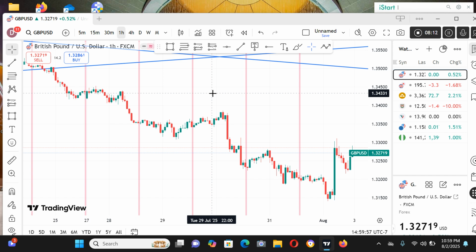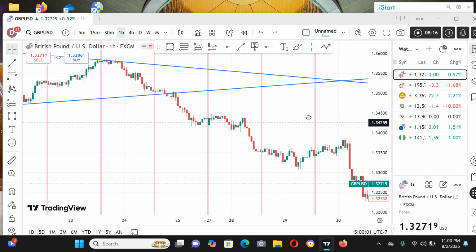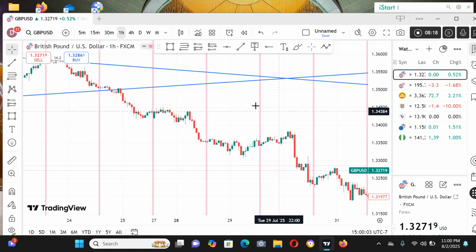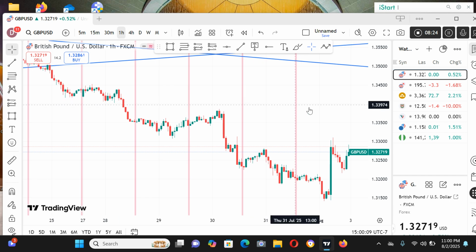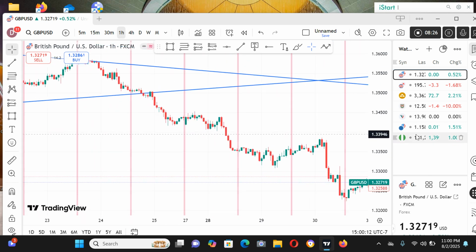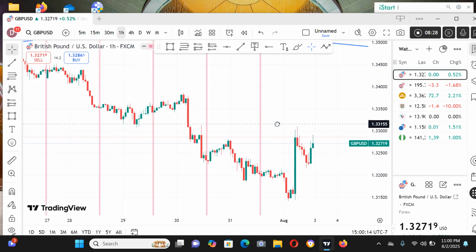And then we confirm it from the 4 hour time frame, which indicates that the market is actually going down. And then we went down to the 1 hour time frame. The market is also showing that it is on a downtrend movement.